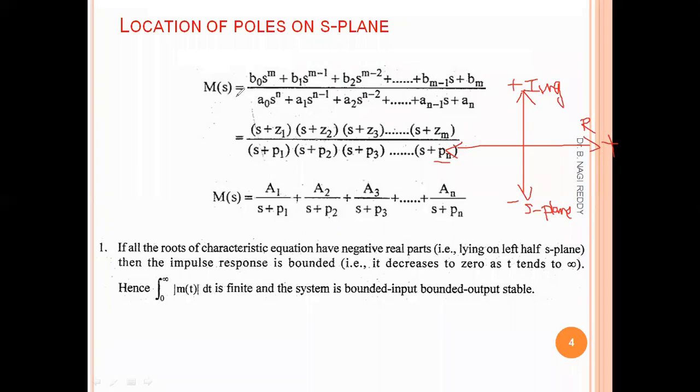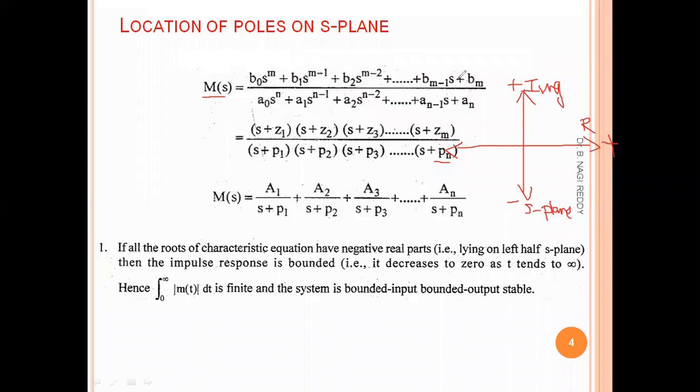The poles can be determined based on the characteristic equation of the system. How can we know the characteristic equation? We know how to calculate the transfer function. Here M(S) is nothing but the complete system transfer function, and we know the system transfer function can be written in terms of polynomial equations.